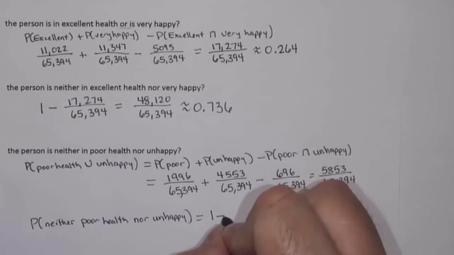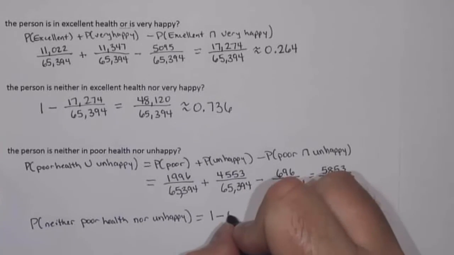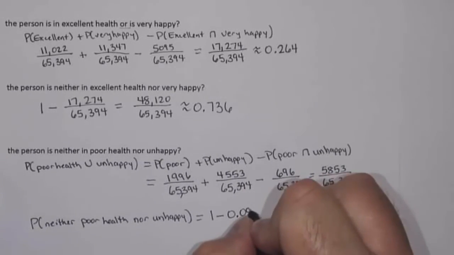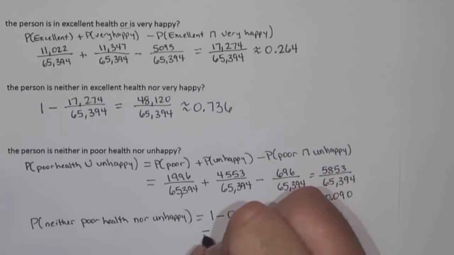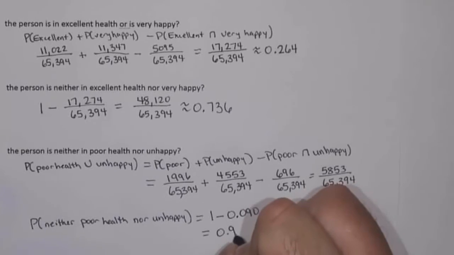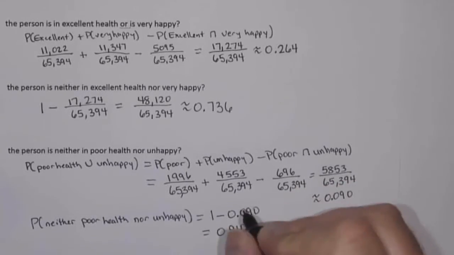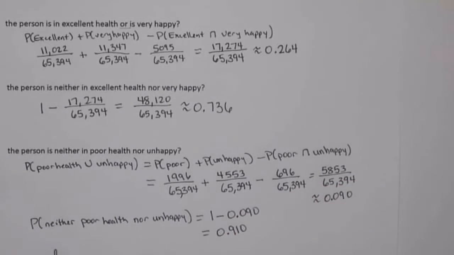So that's going to be 1 minus, and I'm going to go straight to the decimal here, 0.090, and 1 minus 0.090 will be 0.910. So the probability, if I randomly select one U.S. adult, that that individual will be neither in poor health nor unhappy is 0.910. So about a 91% chance of that.